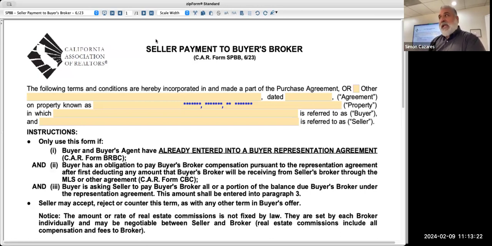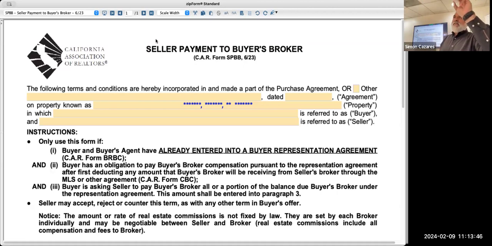But there's also language on the buyer representation agreement that says that if anyone else credits you, that basically allows the buyer to be off the hook. Now, with that being said, let me put this very clear.